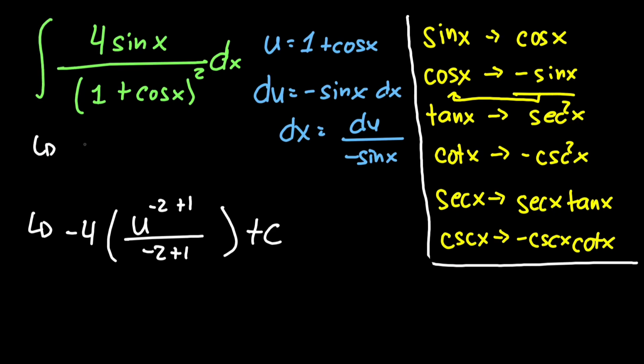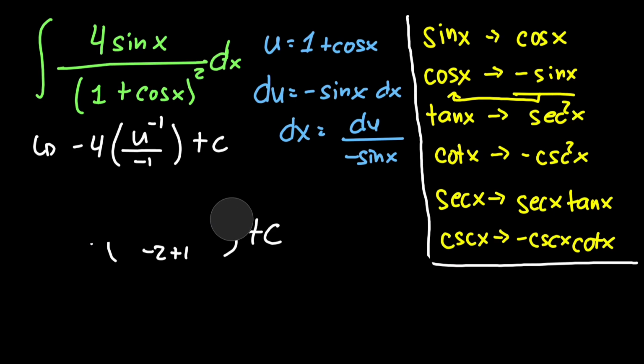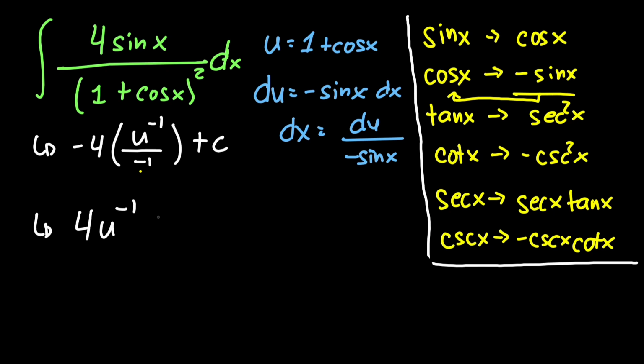So this would be negative 4 multiplied by u to the power of negative 1 over negative 1 plus c. So 4 multiplied by negative 1 would actually be positive 4 u to the power of negative 1.